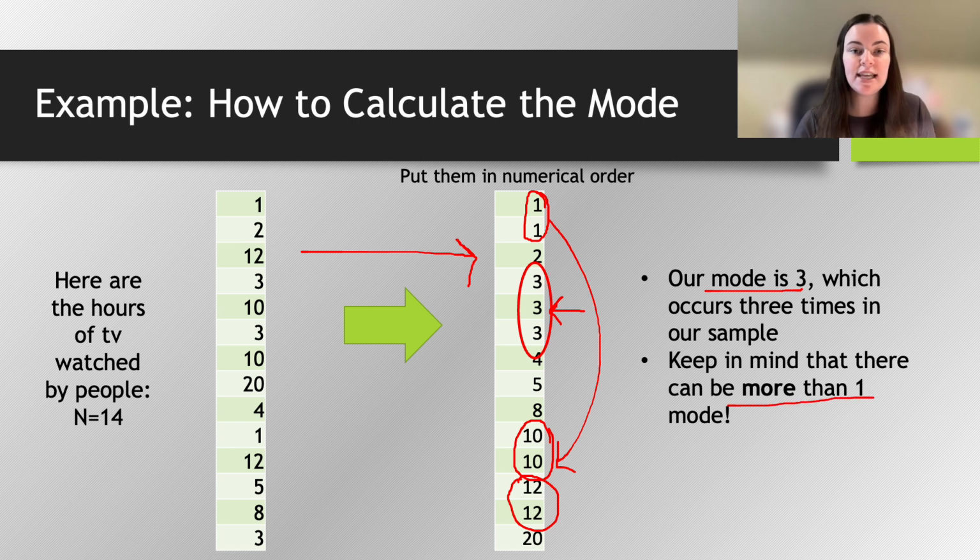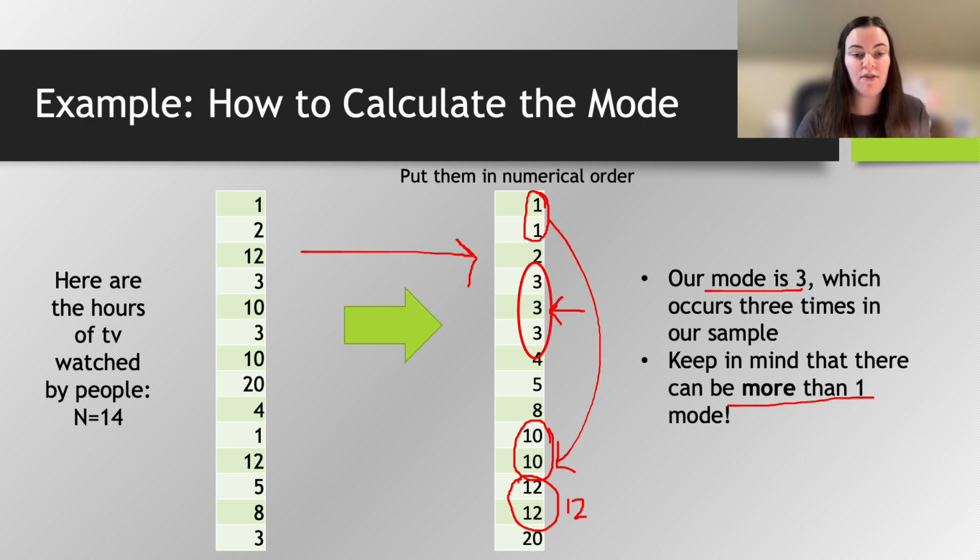So let's say I had a sample of 15 students instead of 14, and that 15th person came in and said they also watch 12 hours of television per week. Then I would have 2 modes. It would be 3, for 3 of my students watching 3 hours per week.